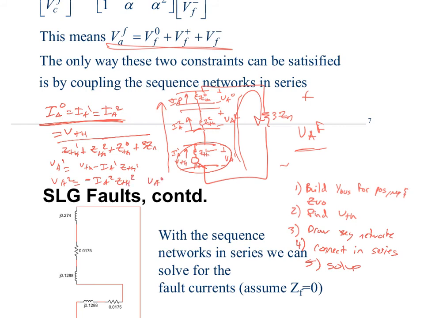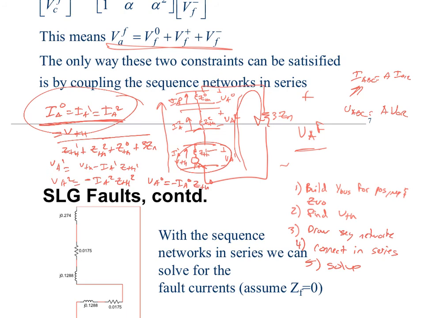And VA0 is just equal to minus IA0 Z Thevenin 0. Once I have that, I've got the ability to solve for ABC, right? Because I know all those currents, I can solve for my phase currents. I can do the same thing for voltages.